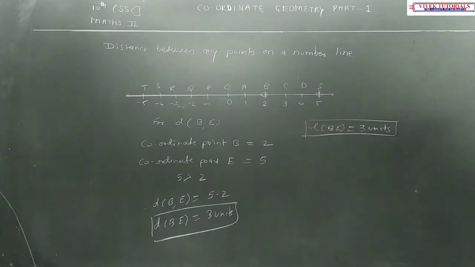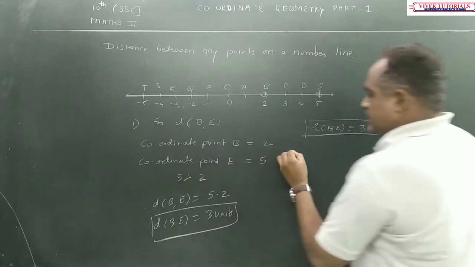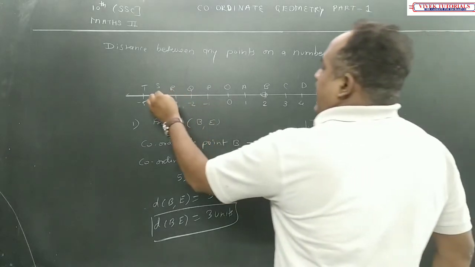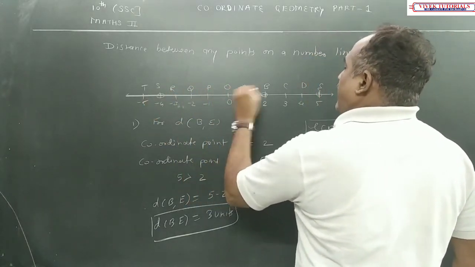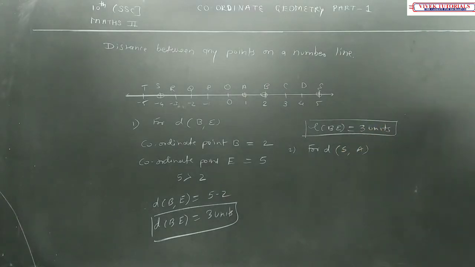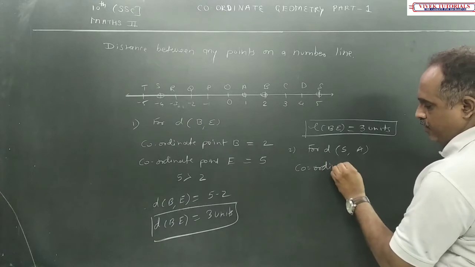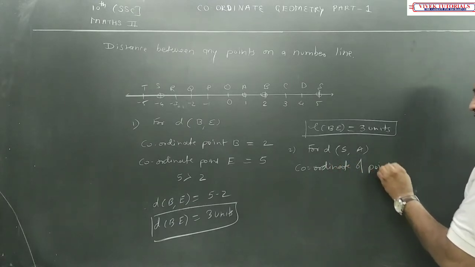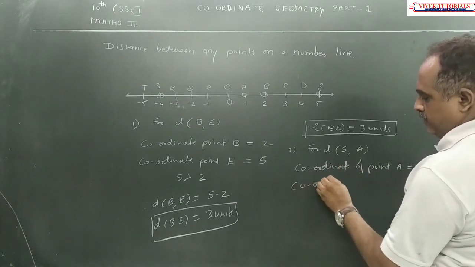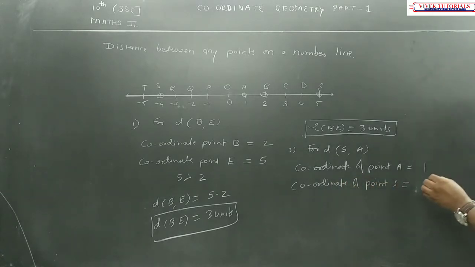So this is the first example. Second example, for the distance between point S and A, what you are going to write, coordinate of point A we take first, 1, and coordinate of point S is equal to say minus 4.